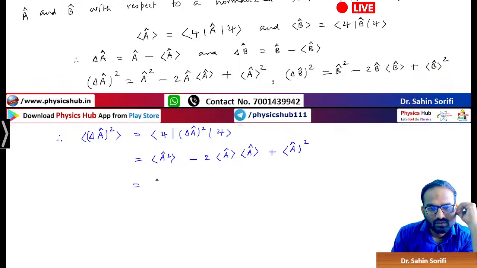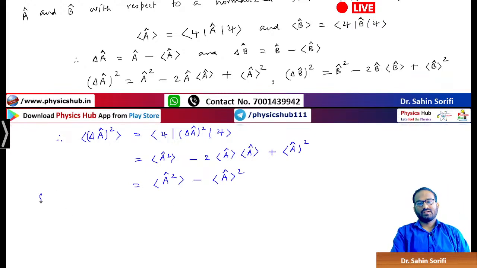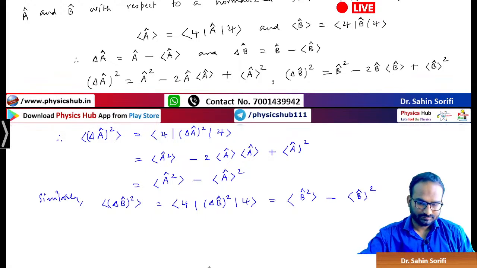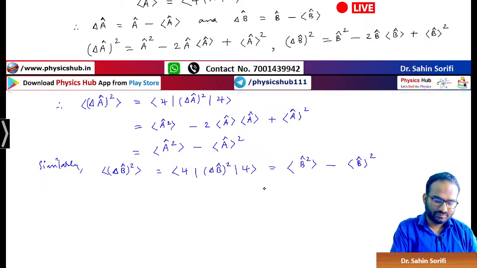Look, A square expectation and this A expectation square, and here it is minus 2 A expectation square. So one is cancelling, so we get A expectation square. And if you do the same for delta B square, which is ⟨ψ|delta B square|ψ⟩, this will also give you B square expectation minus B expectation square. Does it make sense?